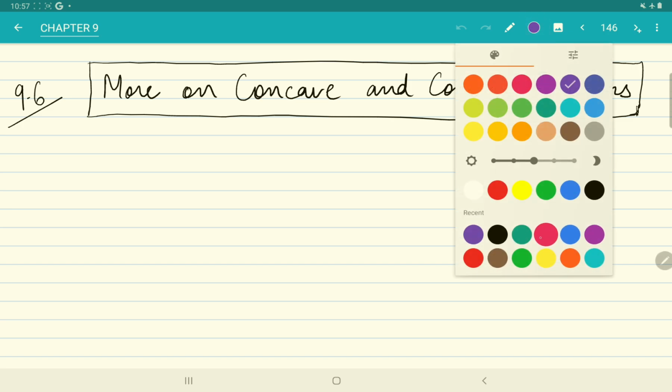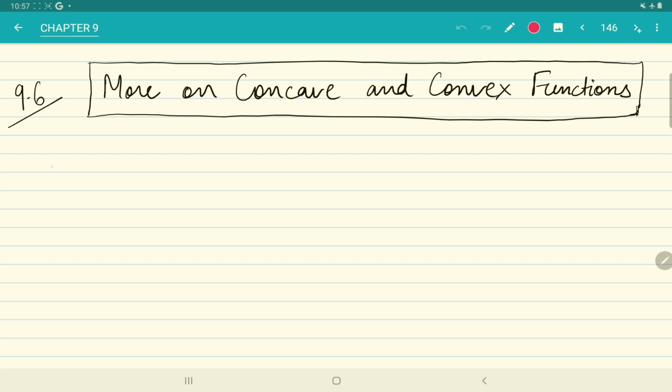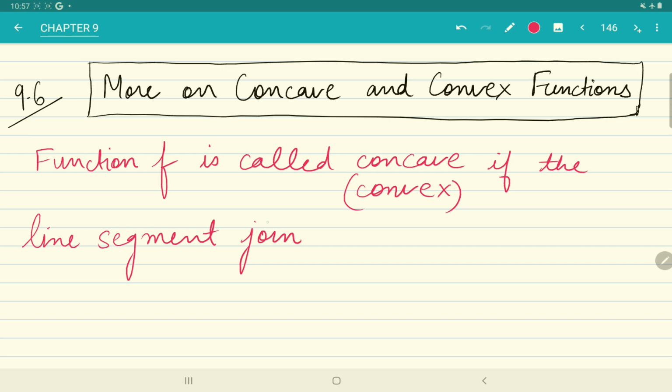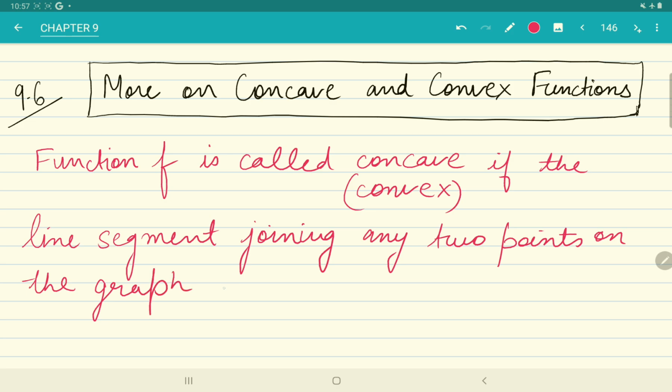So what we are going to take up now is this: we have a function f, and this function f is called concave, and in brackets let me write convex, if the line segment joining any 2 points on the graph is never above the graph.